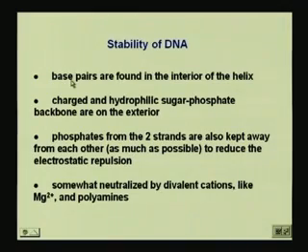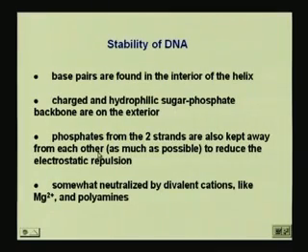Now, the base pairs are usually found in the interior of the helix, okay, which is going to result in the stacking interactions between the bases. The charged and hydrophilic sugar phosphate backbone are on the exterior, which results in the electrostatic repulsion of the strands. The phosphates from the 2 strands would obviously be as far away as possible. Why?